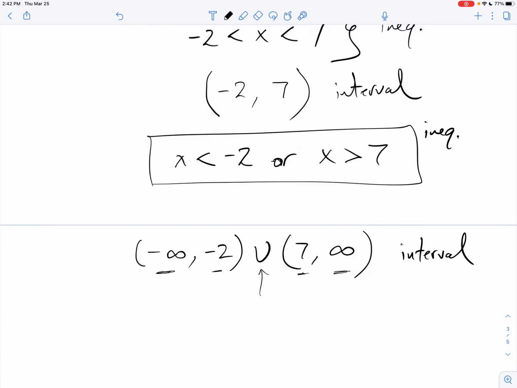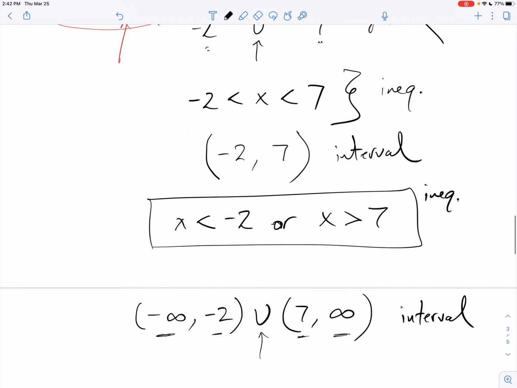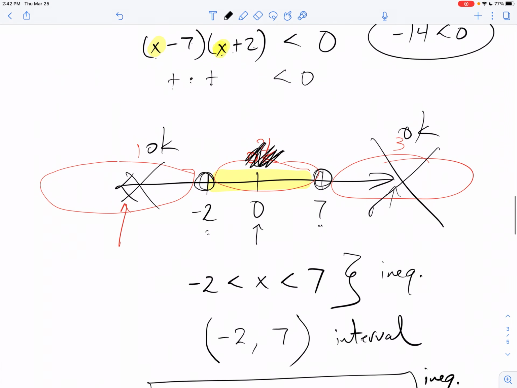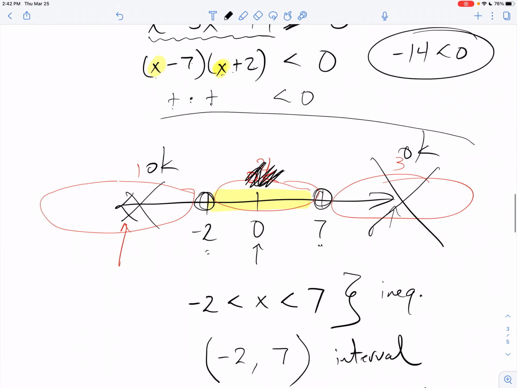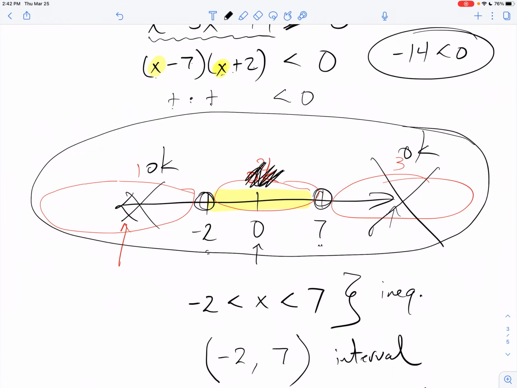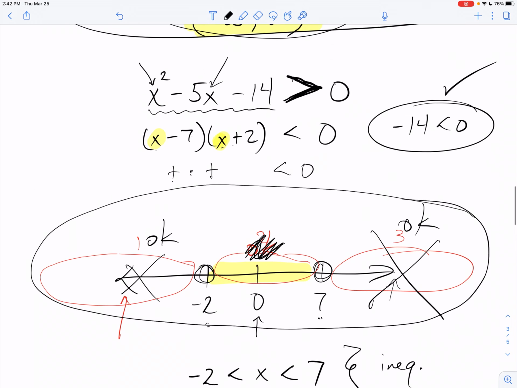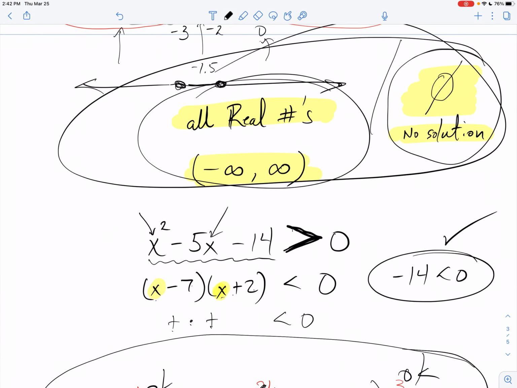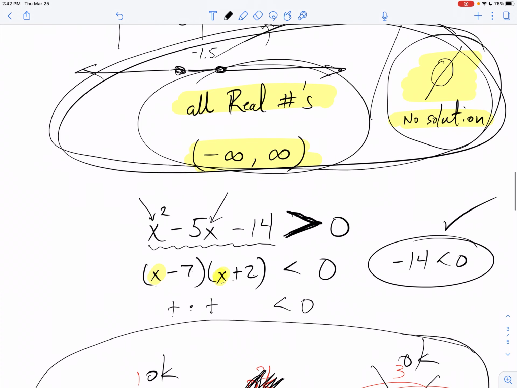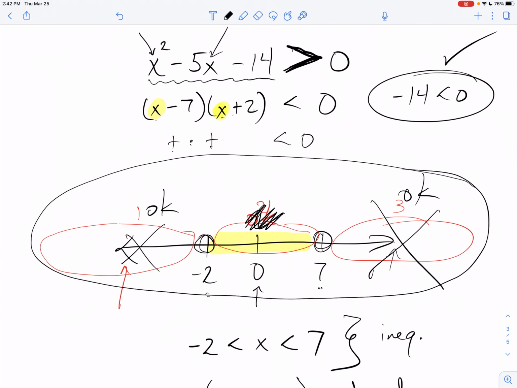That's what that is. But with a quadratic inequality, you're going to see that your number line gets busted up into 3 spots. I'm going to give you a total heads up. Unless it's one of these weirdo situations up here, it's going to be an innie or an outie.